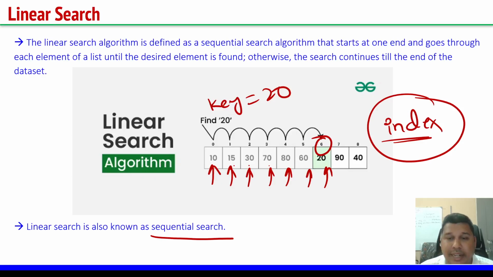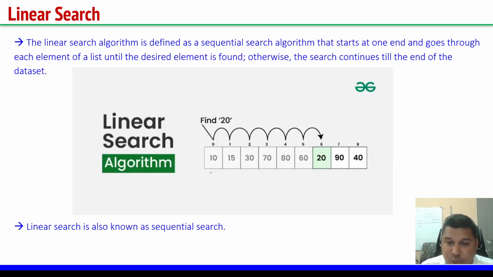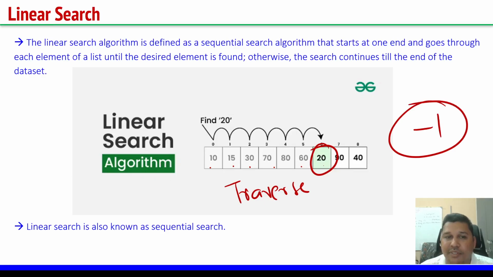It is a very simple technique. You just have to traverse through the entire array, checking whether the element is available at the first place, second place, third, fourth, and so on. At some place you will find it. If the element is not found, you can return -1.